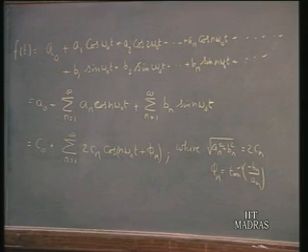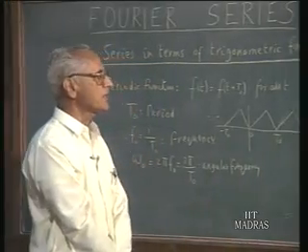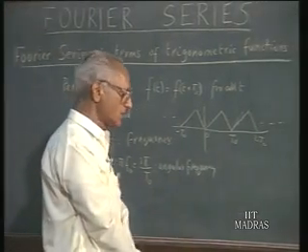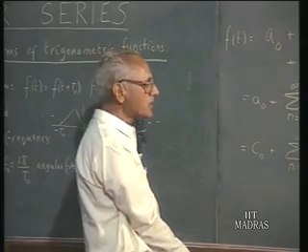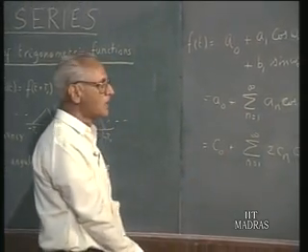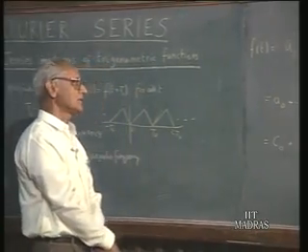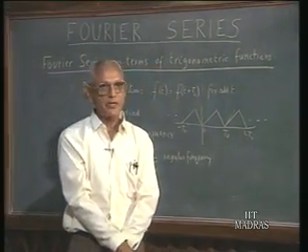Now let us see what it means. The import of the Fourier series is that a periodic function f of t can be expressed as a sum of a constant quantity plus sinusoidal terms of various frequencies. What are the frequencies present? Omega naught, 2 omega naught, 3 omega naught, 4 omega naught, and so on.